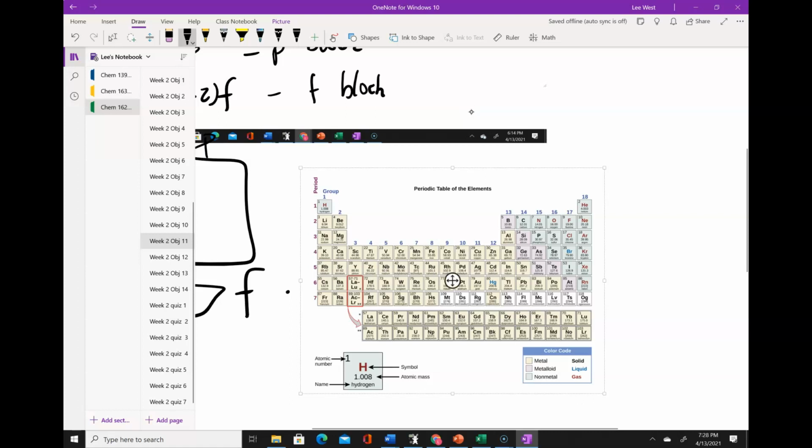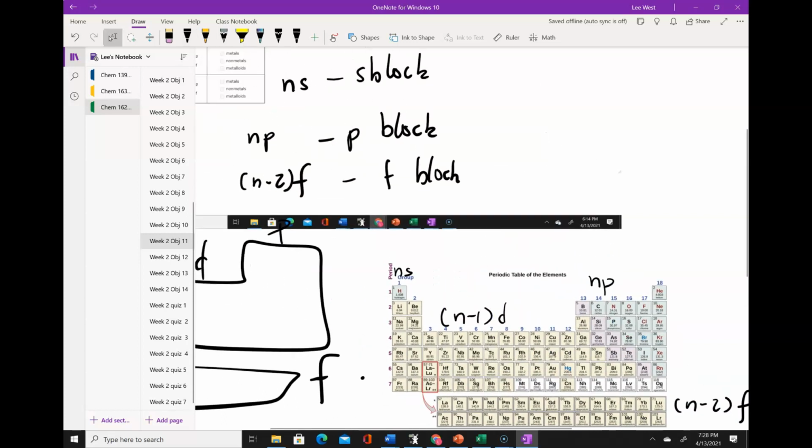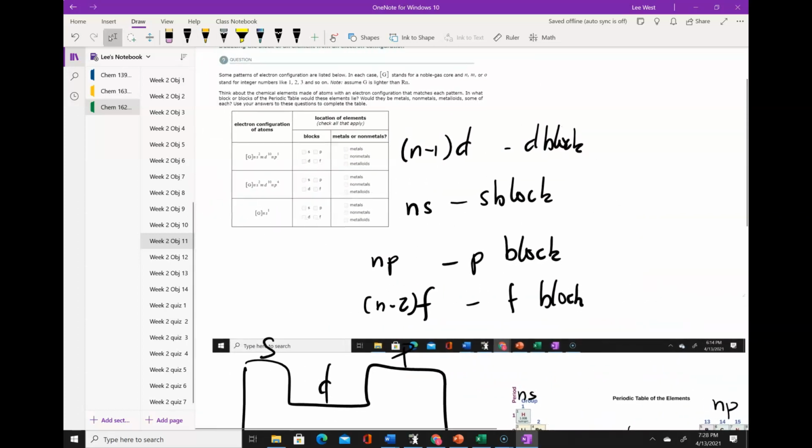So this is the NS, this is the N-1 D, this is the NP, this is N-2 F. And remember, your 1 through 7 are your N values, so you've got to read them a little carefully.